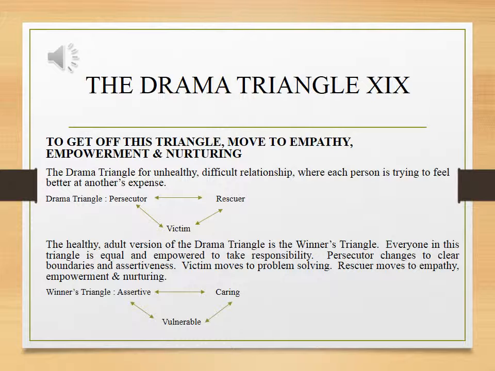Everyone in this triangle is equal and empowered to take responsibility. Persecutor changes to clear boundaries and assertiveness. Victim moves to problem solving. Rescuer moves to empathy, empowerment and nurturing. Winner's triangle: assertive, caring, vulnerable.